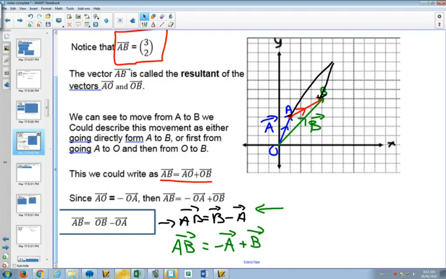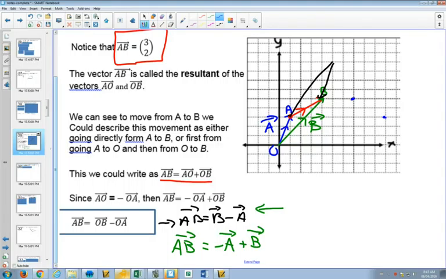This is a huge idea that's really simple to visualize, okay? So all sorts of times, if you wanted to go from this point to this point, if you know what those points are, you're going to go back to the origin and then to that point.